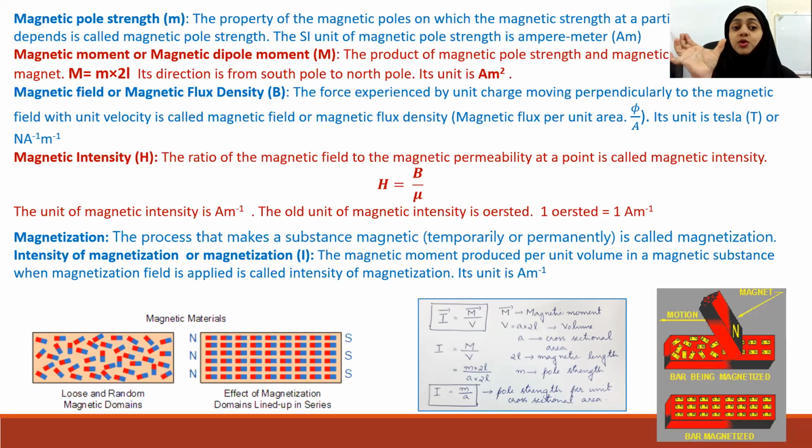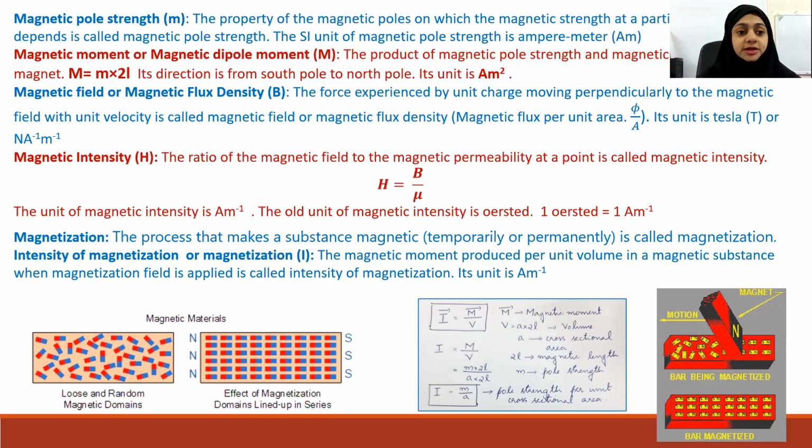Now, if it is for a bar magnet, it is small m into 2L, where small m is the magnetic pole strength and 2L is the magnetic length. That is the distance from the South Pole to North Pole, and its direction is also from South Pole to North Pole.